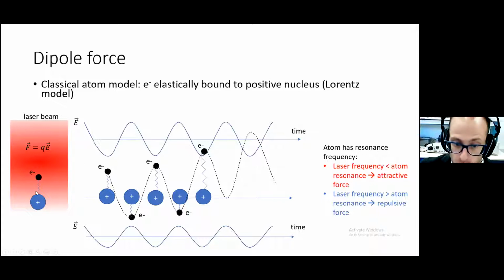So here you have, for example, the atom in a laser beam. And what we want to show here is that this atom is going to be attracted toward the high intensity region of the laser beam. So I plotted here the electric field near the center of the beam, which has a high amplitude, and here the electric field near the edge of the beam, which is of smaller amplitude.